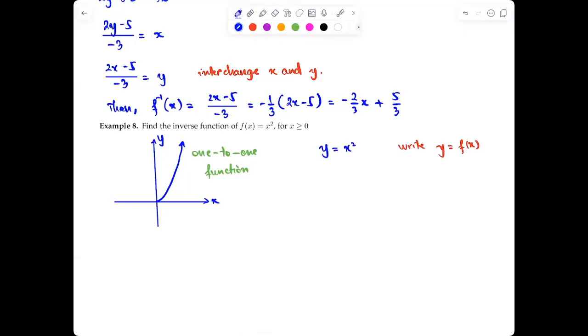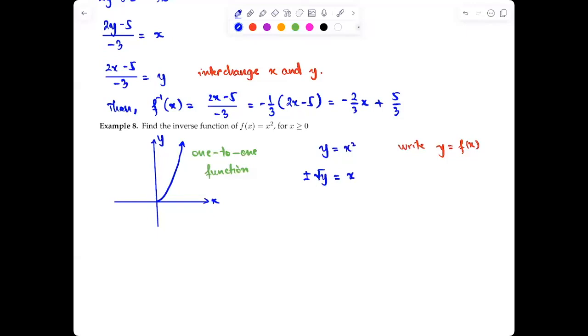To get x by itself, you basically just take the square root on both sides of the equation. When you do that, remember you're solving equations, therefore you have 2 solutions, right? Plus and minus square root. So x equal to square root of y, or x equal to negative square root of y.